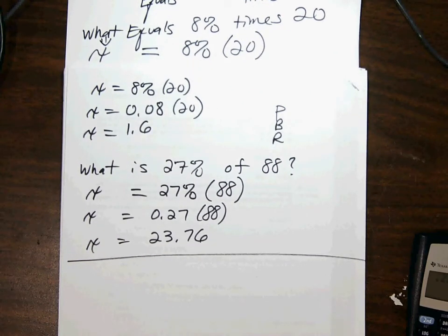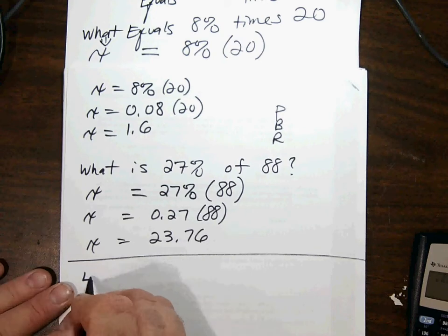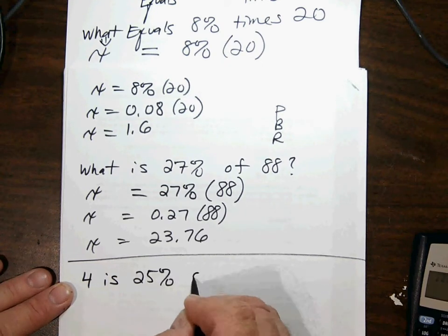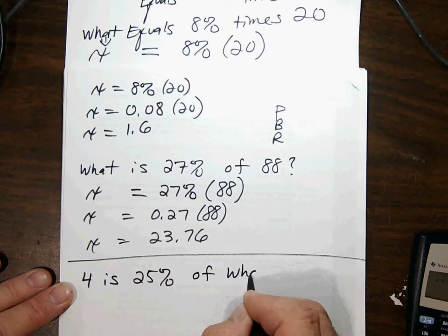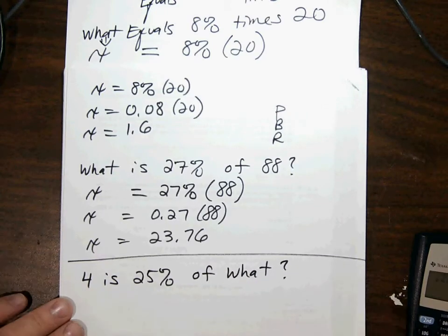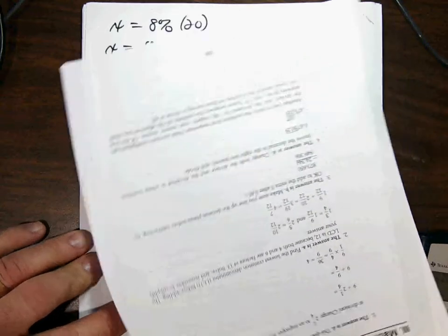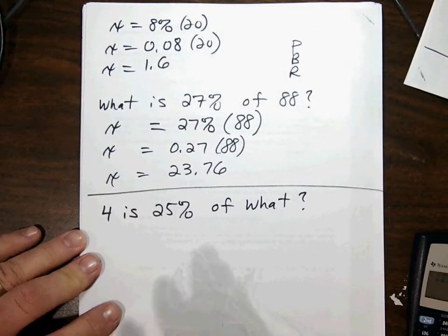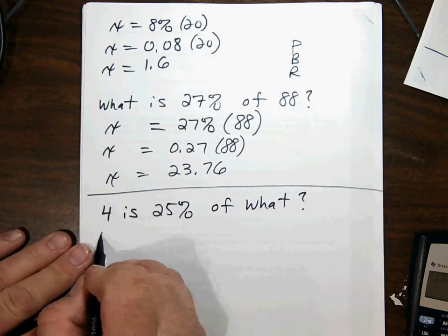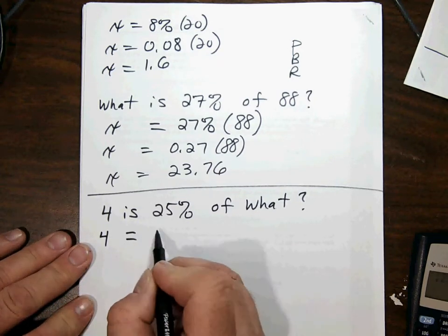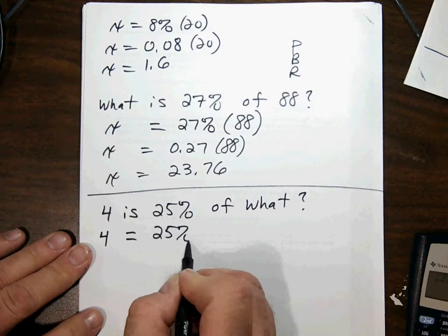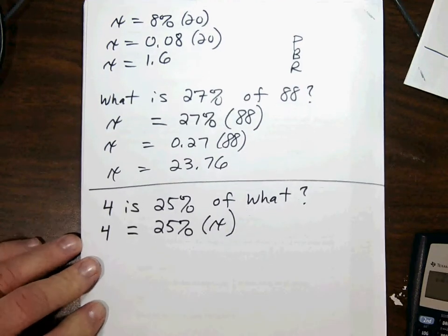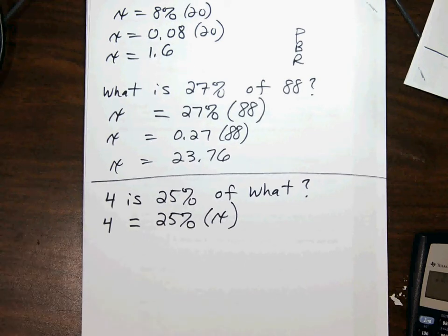Now, sometimes it's turned around a little bit. 4 is 25% of what? Write it down as an equation. 4 is means equals. 25% of means times what is my unknown mystery number, I'll call x. Now you see this one's different.